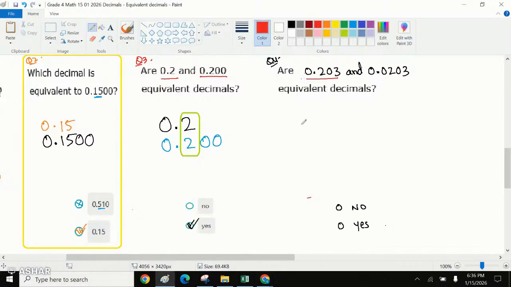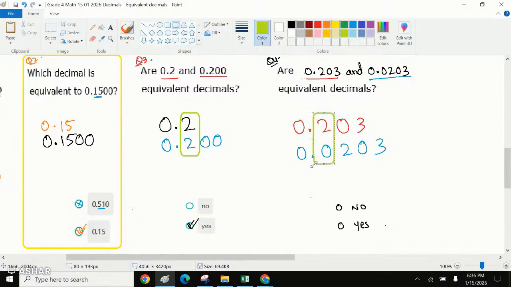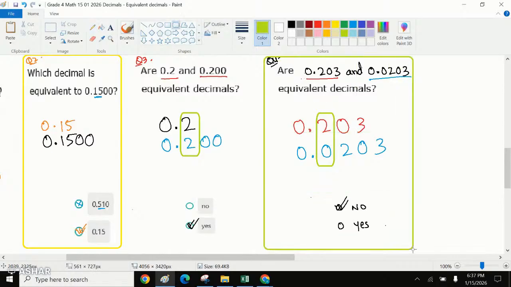Because if we write 0.2, 0.03, and we carry the next number, that is 0.0203, we can see that the numbers are not in the exact place. So no, they are not equivalent decimals, okay? So I just did an additional question over here. We just changed this. Let's move back. Yes, thank you. The numbers differ.